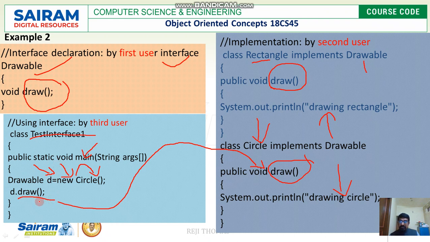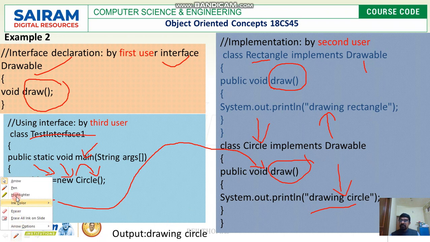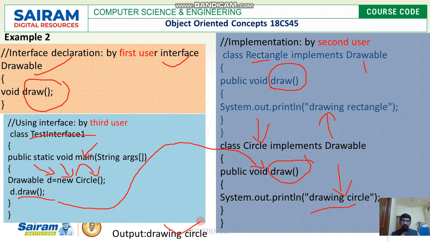And if you look at this statement, we have used this interface to draw a circle. So finally we'll be getting the output as draw a circle. If you want to draw a rectangle, you have to create an object of the class called rectangle, where you are going to implement this to draw a rectangle, right?